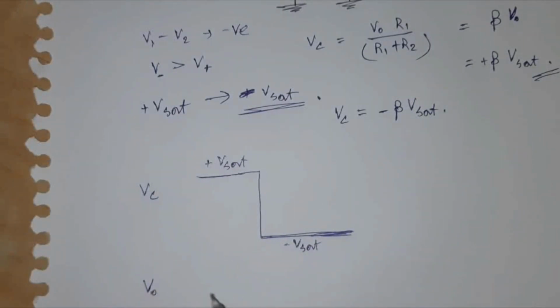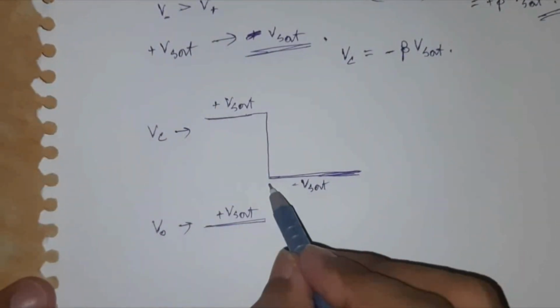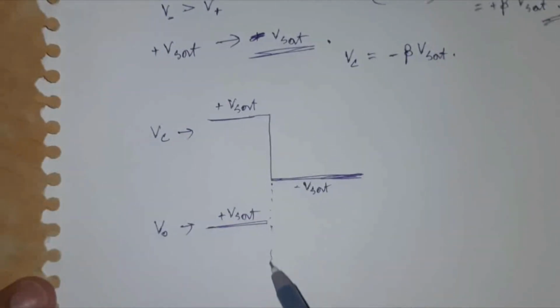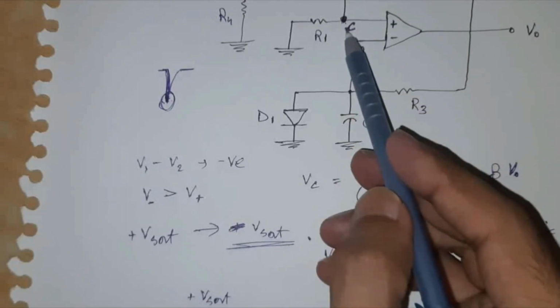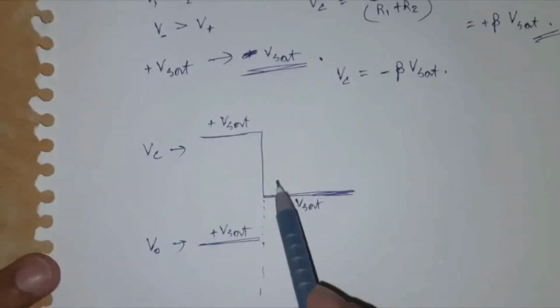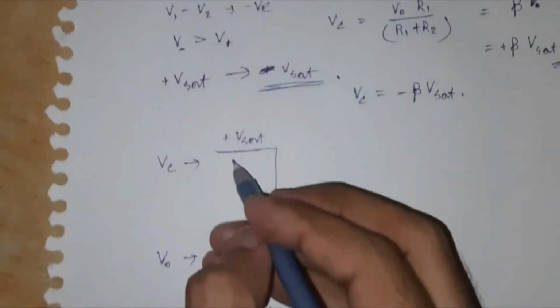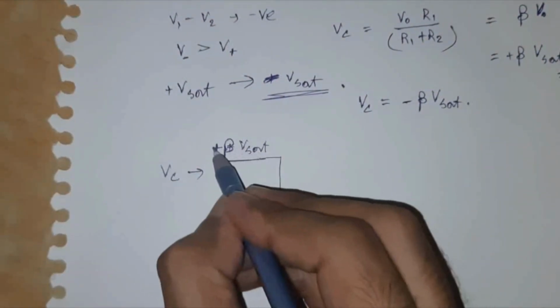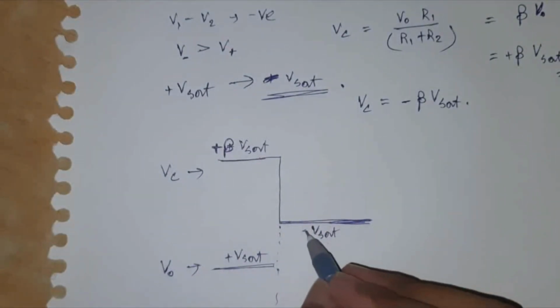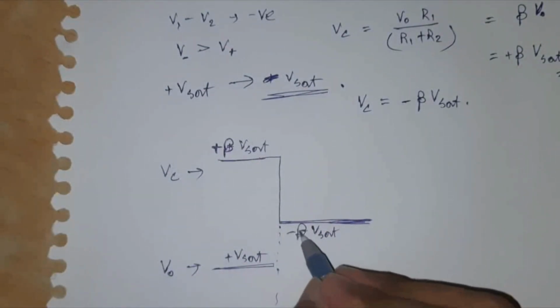And V output is also plus VSAT as soon as this comes down, that is, the VC spike here. So when it has come down, one correction: it is plus beta VSAT due to beta into plus VSAT, and here the output transitions to minus VSAT, so it will be minus beta VSAT.